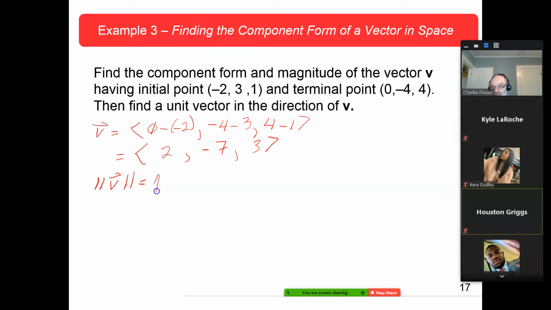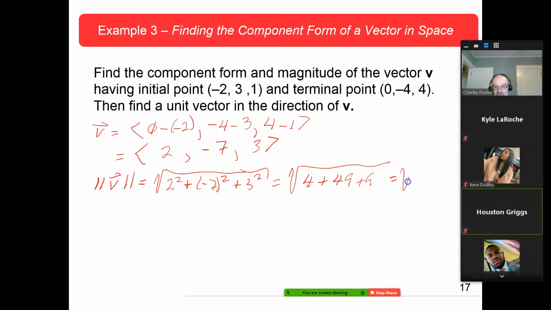That would simply be the square root of 2 squared plus -7 squared plus 3 squared, which would be, gory detail here, 4 plus, negative 7 squared is plus 49, plus 9, which would be the square root of 9 plus 49 would be 58, and 4 would be 62.